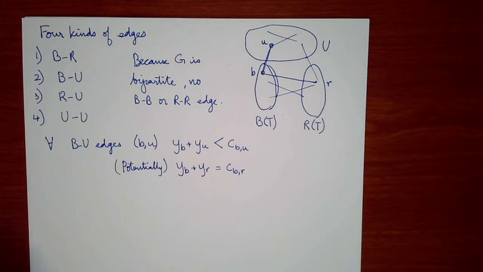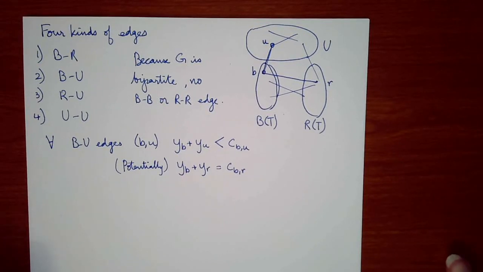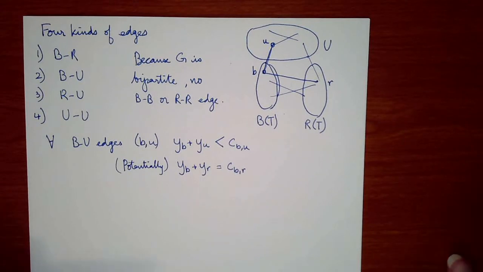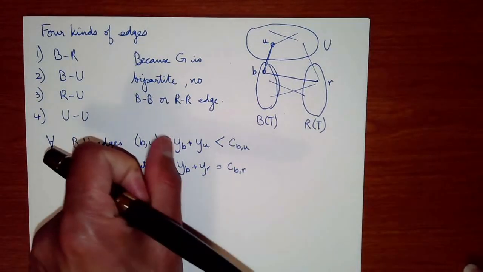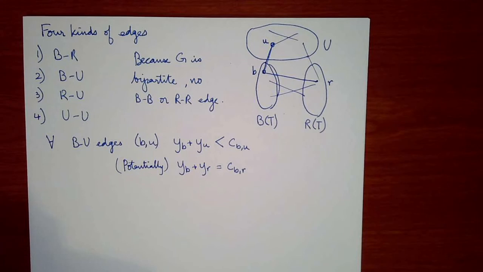Decrease yr. By how much? By exactly what you increased. If you increase yb, then decrease yr by the same amount.